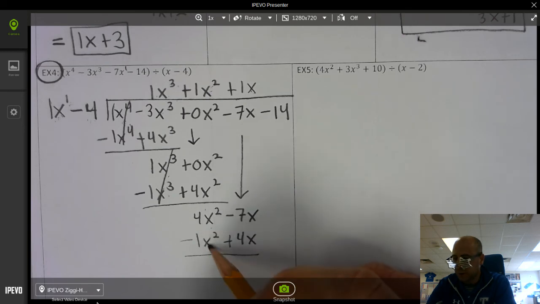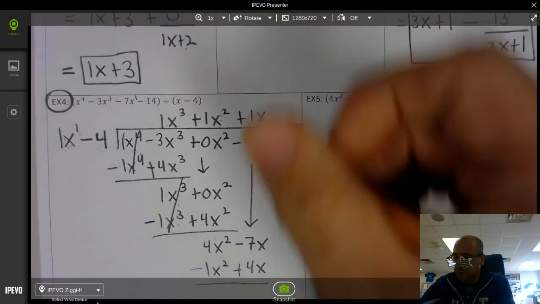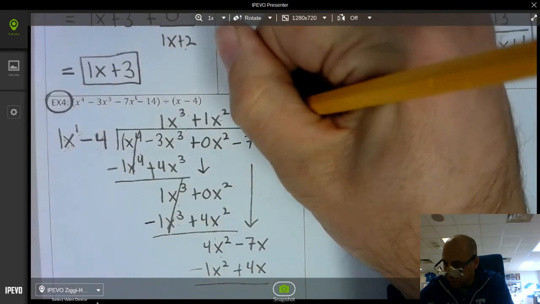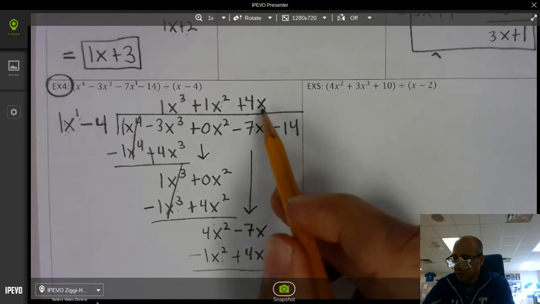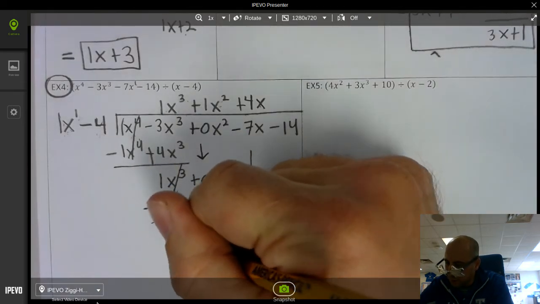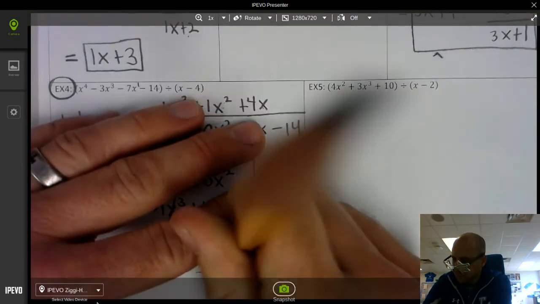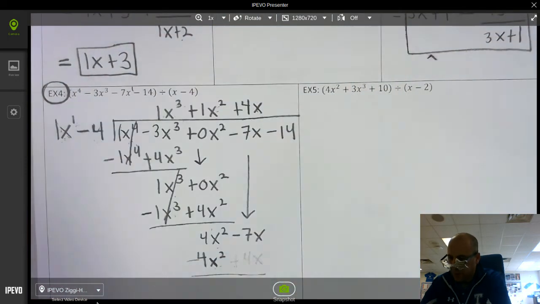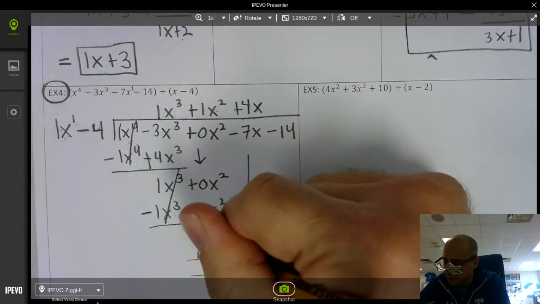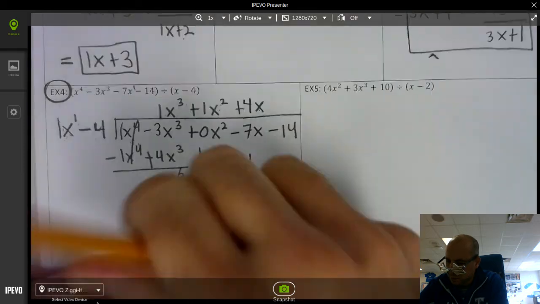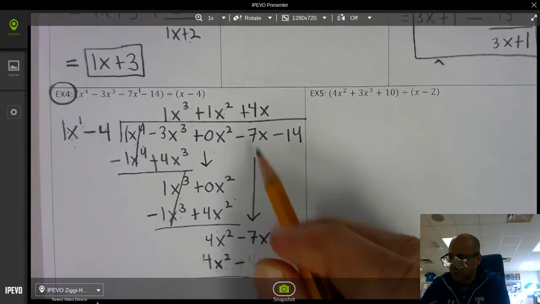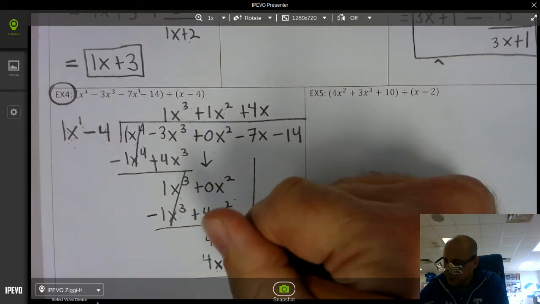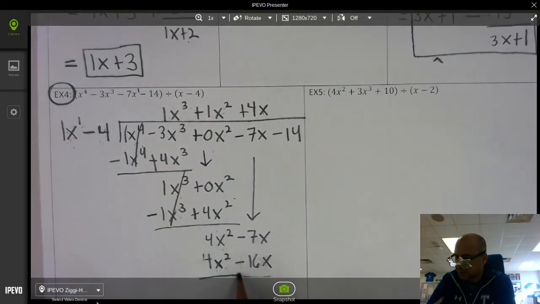So since these don't cancel, you have to go back and ask yourself, well, 1 times 4, 4x will make this correct. So 4x times 1x is 4x squared, and 4x times negative 4 is a negative 16x.